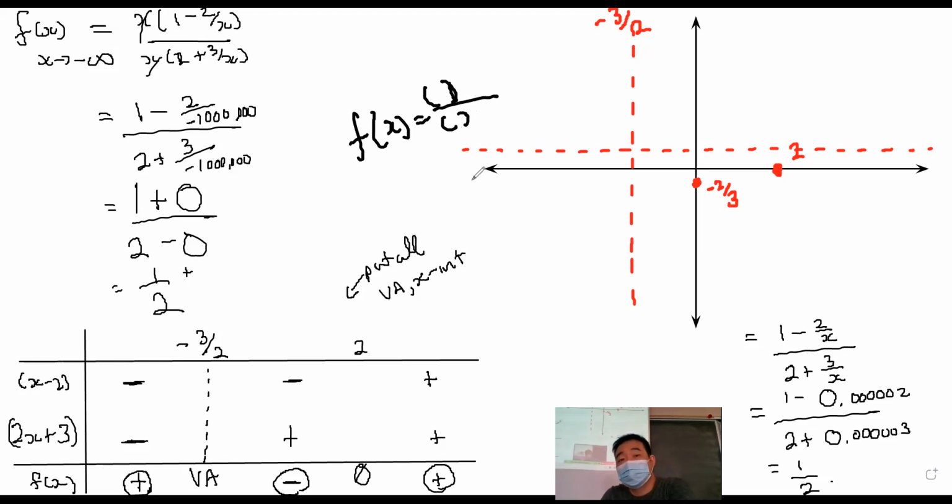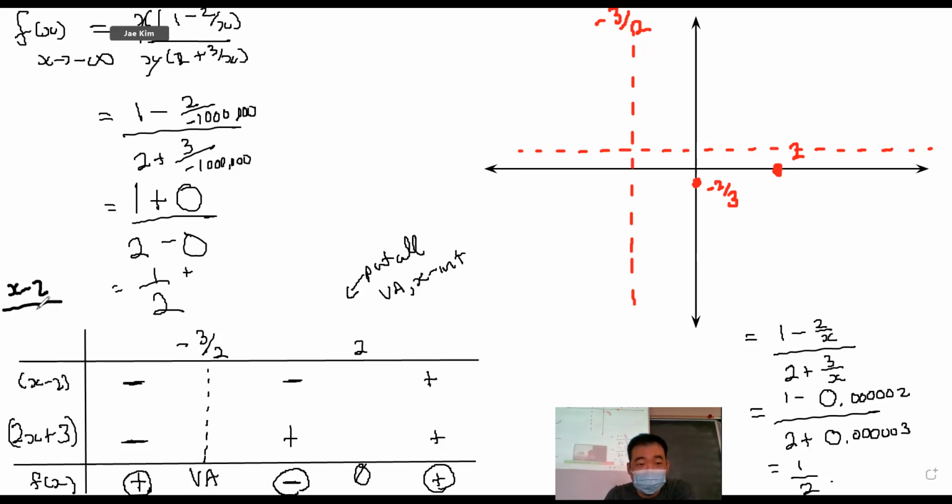You get it so far? So remember, this is what f of x is. It's x minus 2 over 2x plus 3. If the numerator is a negative and the denominator is a negative, what's the entire fraction?